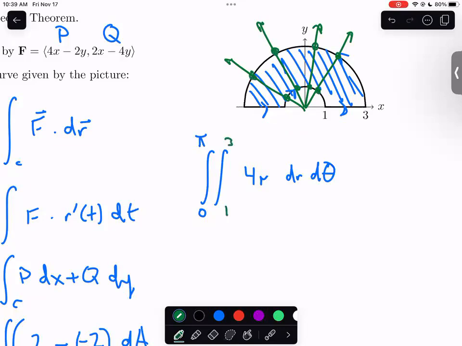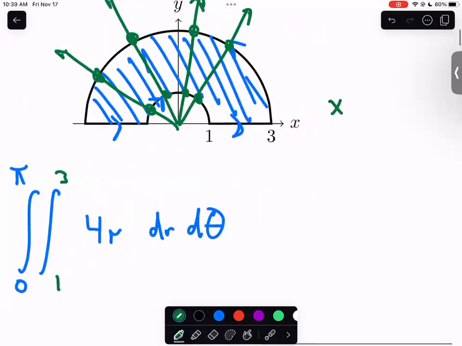By now, I hope that we've done enough of these problems that you're confident in just writing r equals 1 for our lower limit and r equals 3 for our upper limit. Of course, if you wanted to really get into the details, this r equals 1 is part of this circle, and you could put it in polar and solve it for r.